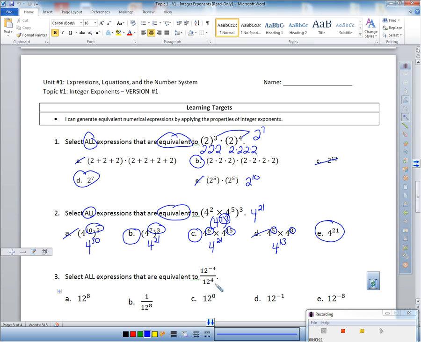Okay, last one together. So if you're looking at this, again, we're looking for all expressions that are equivalent. Something should be going off in your brain. This exponent should be talking to you. Think about where it goes. A negative exponent, so it's going to drop to the denominator. So you should have already a 12 to the 4th down there.